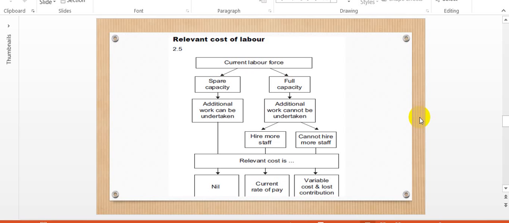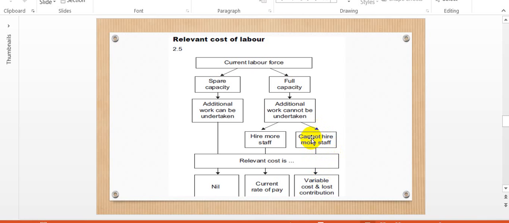But if the workforce is working at full capacity, then it means additional work cannot be undertaken unless we hire more staff. So if we hire more staff, then the relevant cost will be the current rate of pay. However, there may be instances when you cannot hire more staff because the skill sets required are specialized, or it might just be difficult to find the right staff.